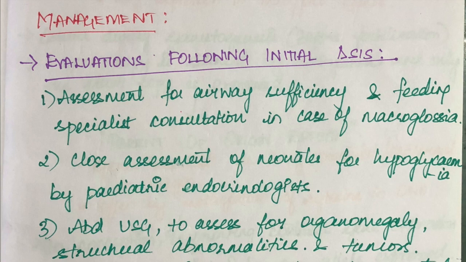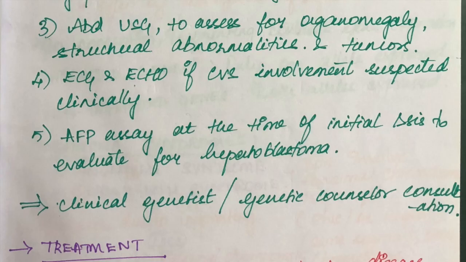We should also closely monitor the neonates for hypoglycemic episodes by a pediatric endocrinologist, and we should do an abdominal ultrasound to assess for organomegaly, structural abnormalities, and tumors. We should also take an ECG and echo if serious involvement is suspected clinically. We should also do an alpha fetoprotein assay at the time of initial diagnosis to evaluate for hepatoblastoma as well, and we can also consult a clinical geneticist or genetic counselor.